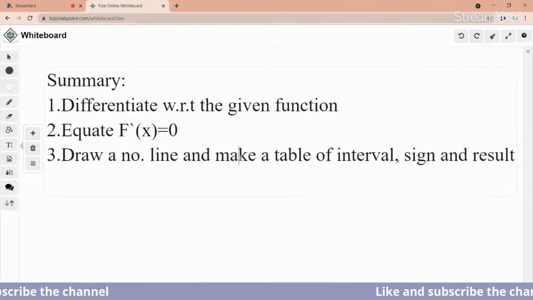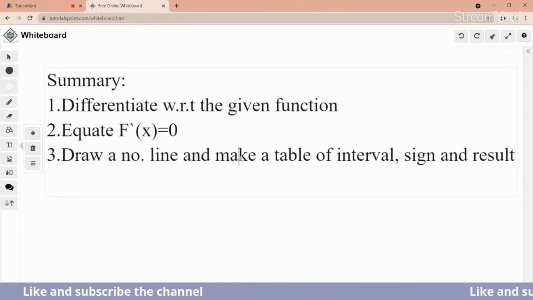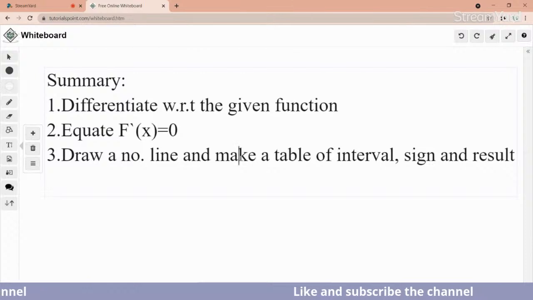So first differentiate the given function, then equate f dash x, or whatever the given function is, with 0, then draw a number line, and on that number line, you have to mark the given intervals.